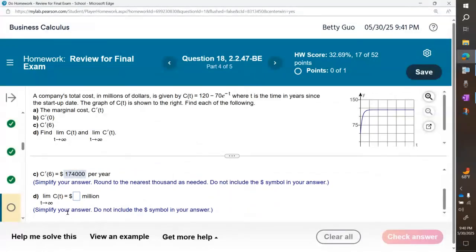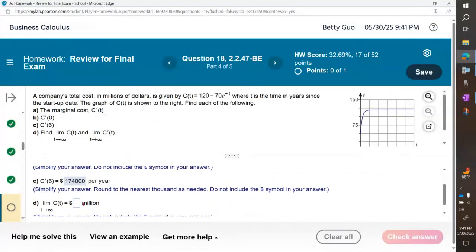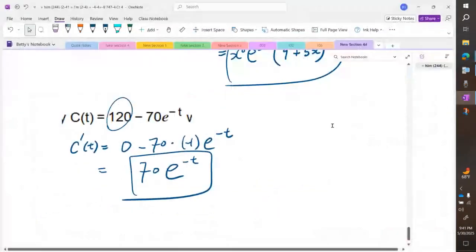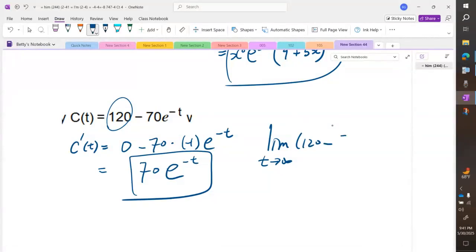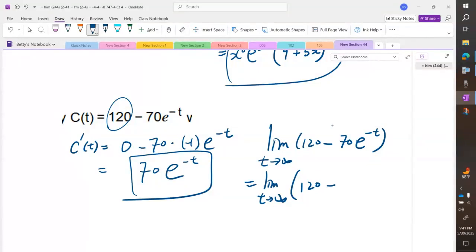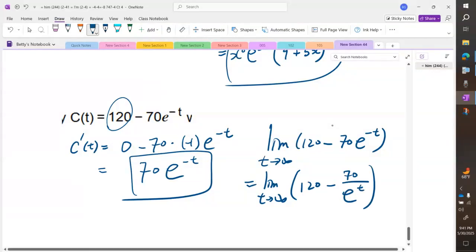And part D is to find the limit of C of t, not C prime. C of t is right here in my note. We let t approach infinity of 120 minus 70 e to the power of negative t. 120 is not affected by t. So minus, we can write the second part as 70 over e to the power of t.